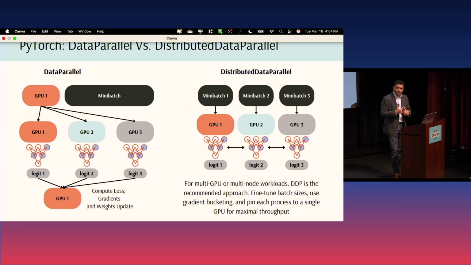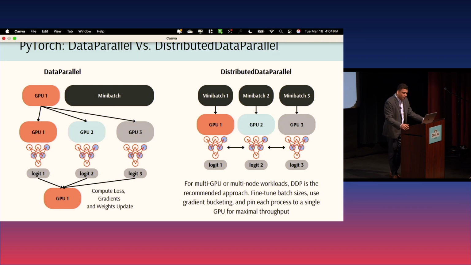They go through a forward propagation and by the end compute the logits. Once those logits are computed, all of that information is sent back to GPU1 to compute the loss, compute the gradients, and update the weights. In this scenario, GPU1 acts as a master GPU, which controls how the data is collected, how it is distributed, and what the second set of updates needs to be.